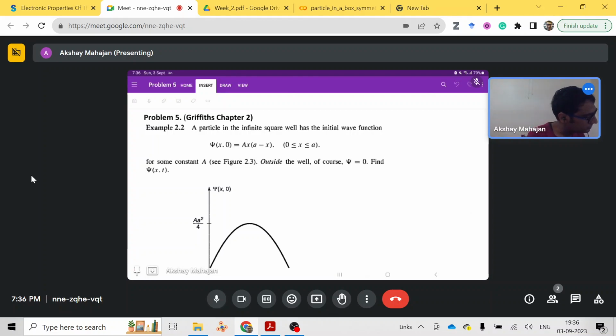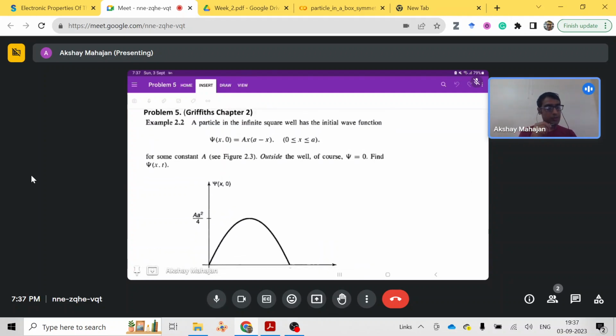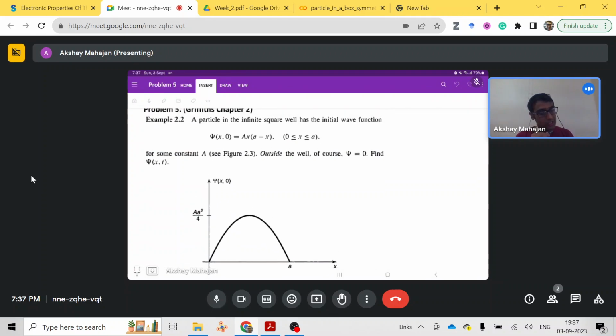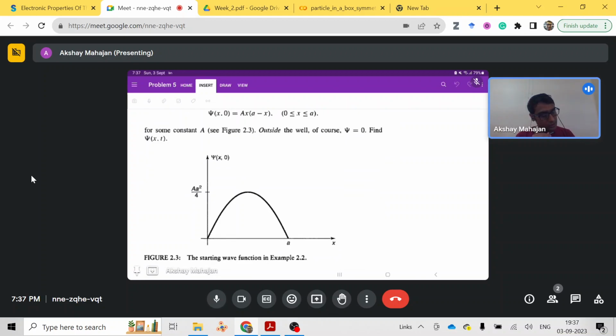So for this problem, let's say we have a particle in the infinite square well which has the initial wave function given as A x times (a minus x) for x between 0 and a, for some constant capital A. Outside the well, of course, we are taking psi to be 0.